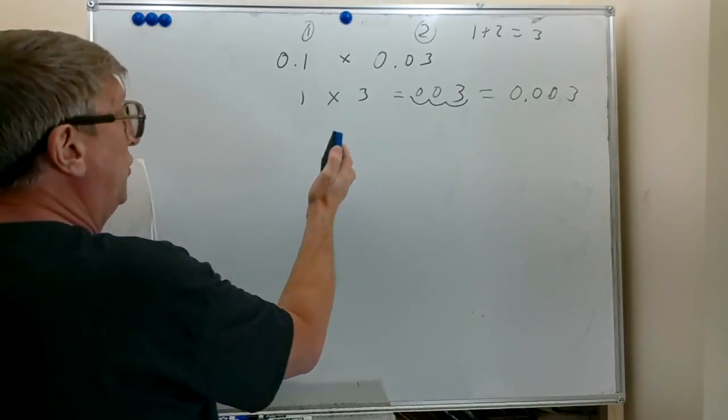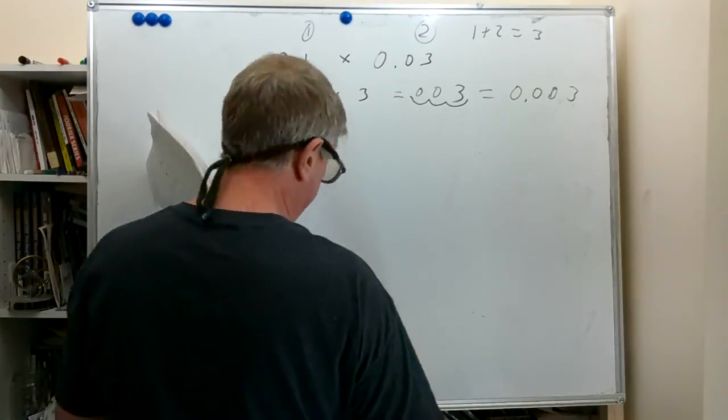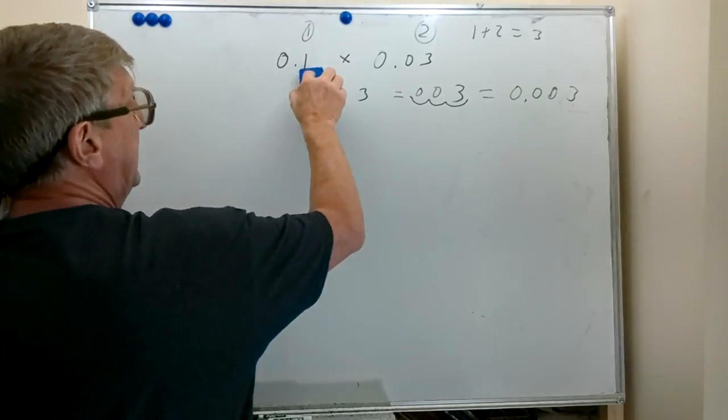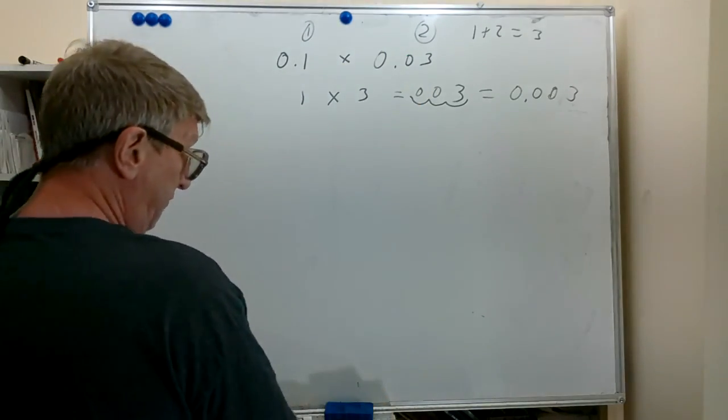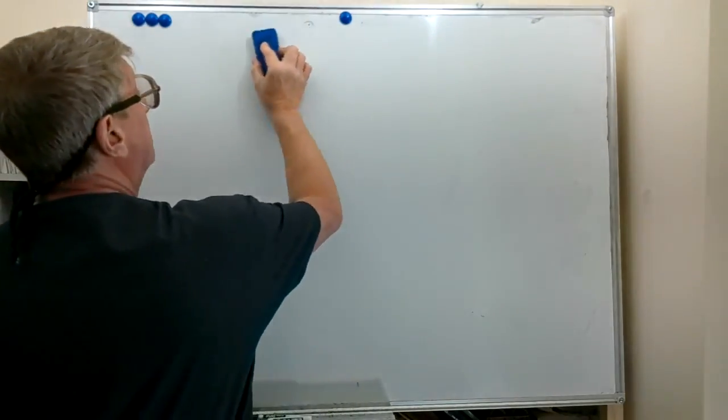When you convert these to whole numbers, you've got to remember that you have to have the same number of decimal places in your answer as the total that you had in your 2 factors, the 2 numbers that you were multiplying.